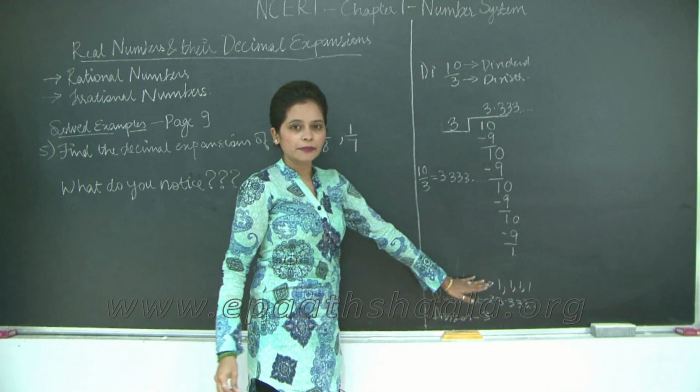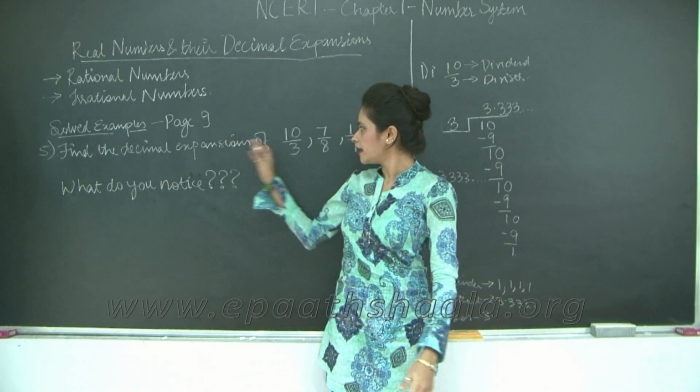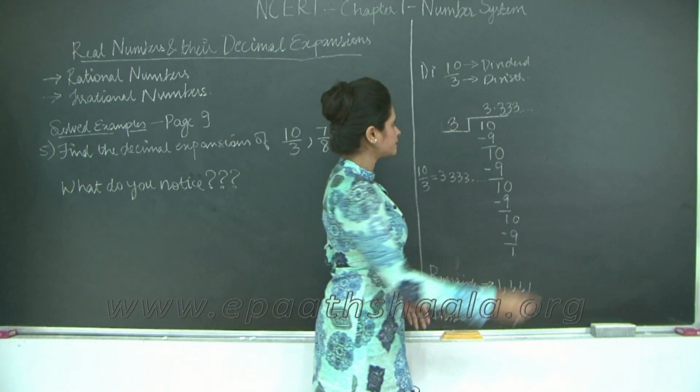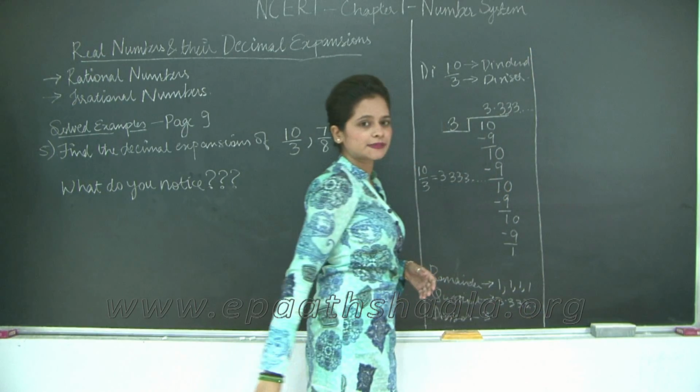Now, there is a reason why I am denoting these points, but we will see that later. But let us go ahead in the meantime and solve the rest of the rational numbers and find their decimal expansions, right.